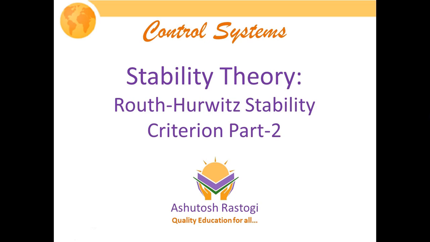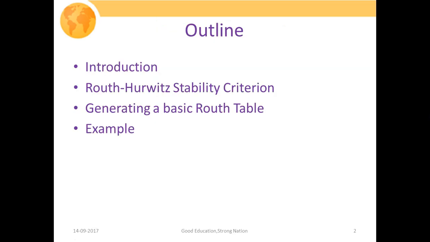For absolute stability, we introduced the concept of the Routh-Hurwitz criterion, which is basically the application of polynomial theory in the characterization of stability analysis of any system. These are the outlines that we have already discussed in our earlier lecture.